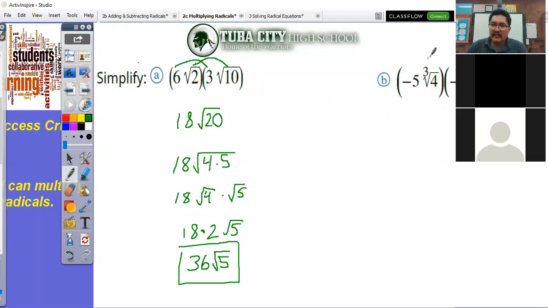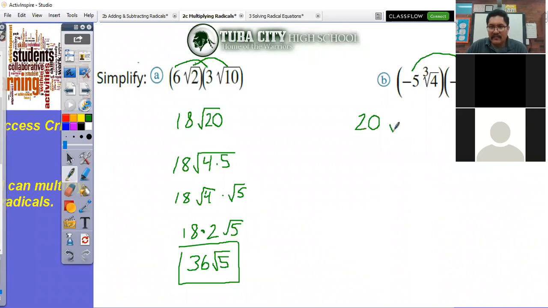So let's do the same thing, coefficients to coefficients. In this case, I have -5 times -4. Now, if you remember, a negative times a negative is a positive. So -5, -4, put them together, you have 20.